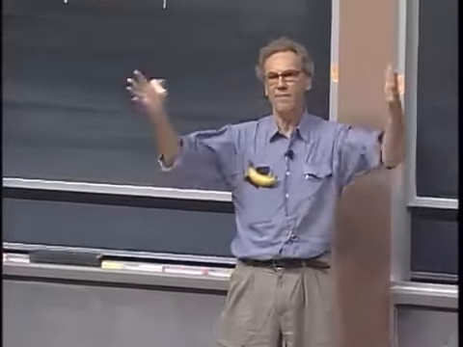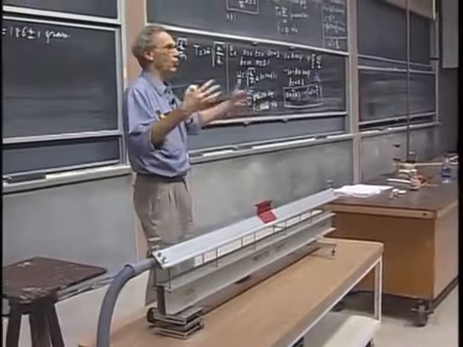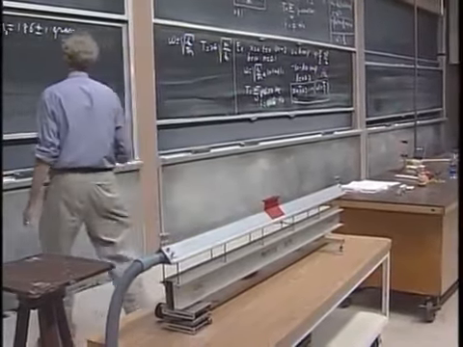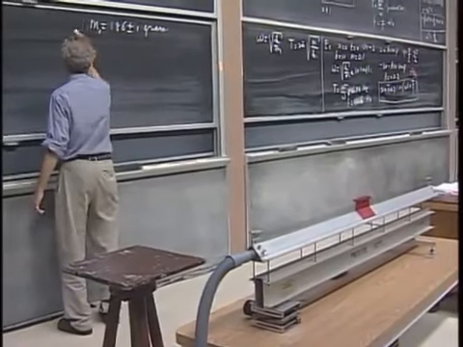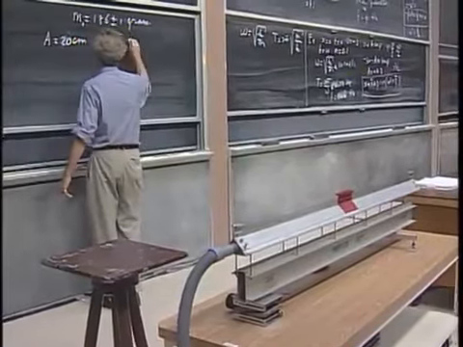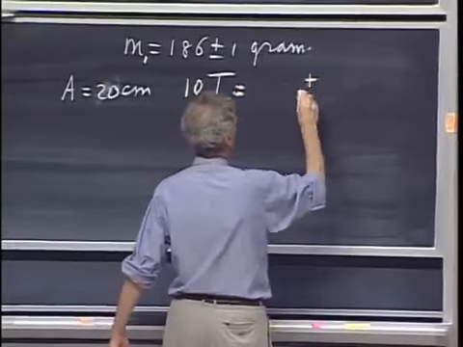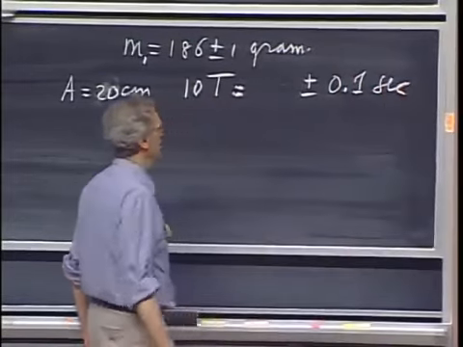But instead of measuring 1 period, I'm going to measure 10 periods, because that gives me a smaller relative error in my measurements. So I'm going to do it with an amplitude of 15 centimeters. Let's make it 20 centimeters. So I get 10T, I get a certain number, and I get an error, which is my reaction error, about a tenth of a second.